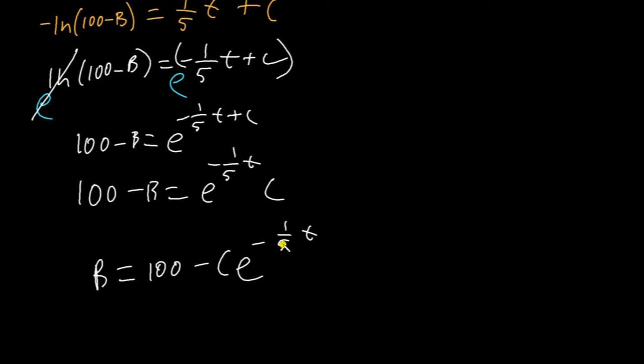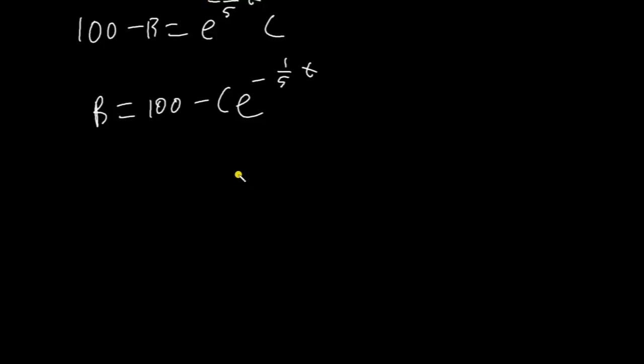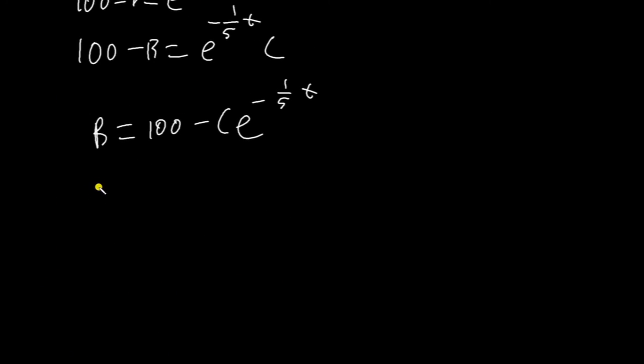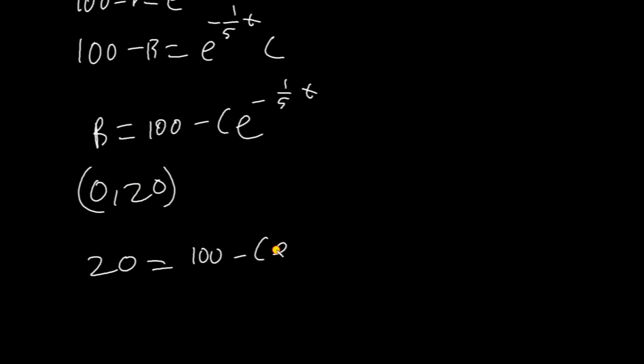Okay? Now, we'll do our initial condition, which is, if you look up here, b of 0 equals 20. So we'll take 0, 20, plug in 0 for t and 20 for b, and we'll see what c is equal to. 20 is equal to 100 minus c e to the negative 1/5 times 0, right?